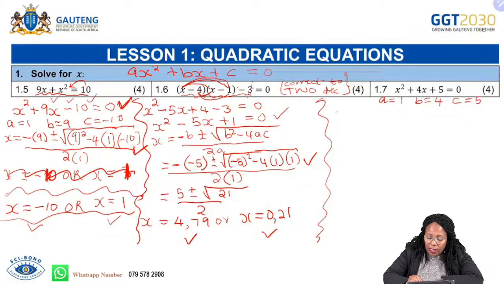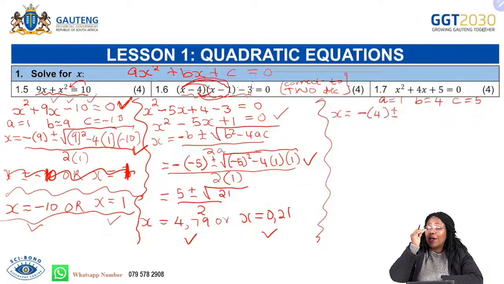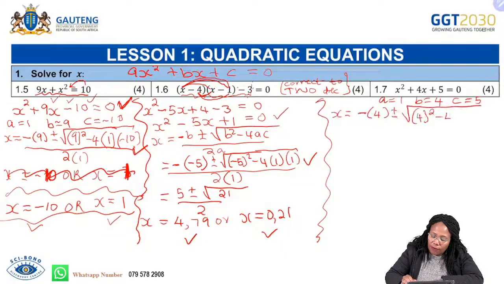And then this is x equal to minus, our b is 4, plus minus. Remember, grade 12, you start by writing your quadratic formula first before you substitute, okay? And then now the b is 4 squared minus 4, a is 1 and c is 5 there. And then everything over 2 into 1.